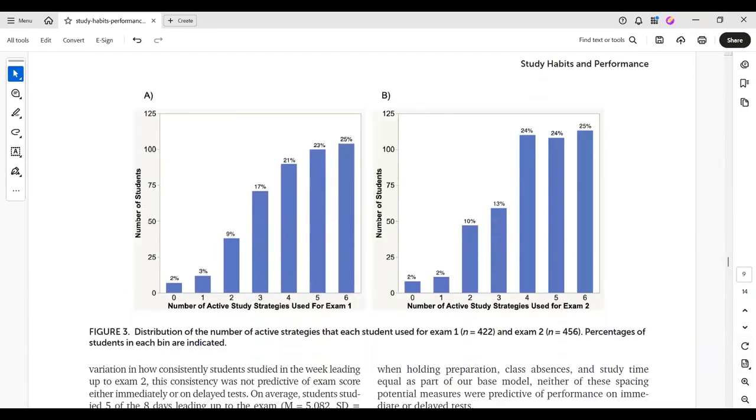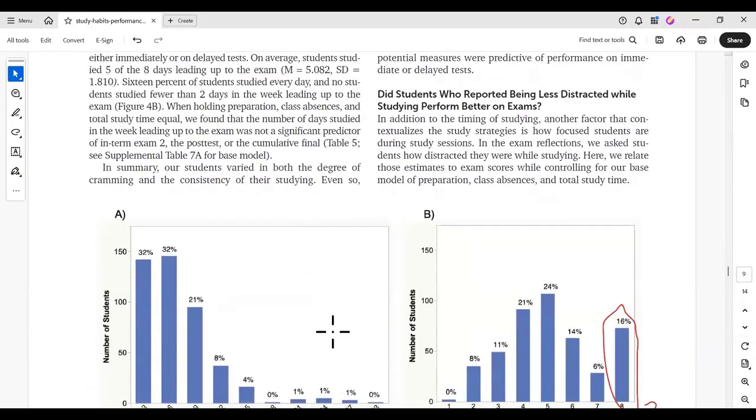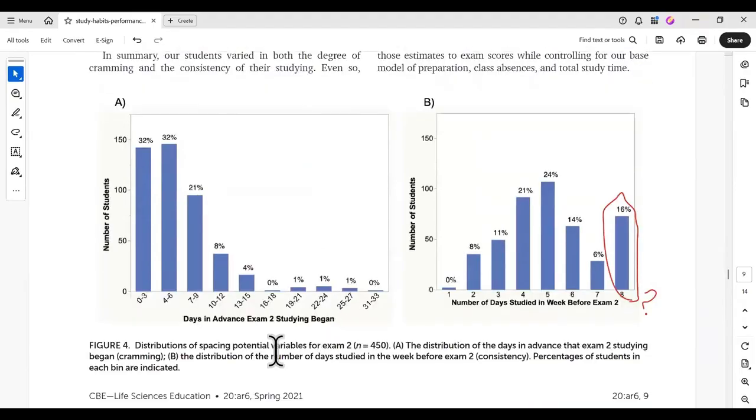These other figures also are histograms, and well, this one's on an ordinal variable. There's not that big a range, number of strategies. So these are really bar charts more than they are histograms, because we've only got 0, 1, 2, 3, 4, 5, 6. Now, days in advance exam 2 studying began.